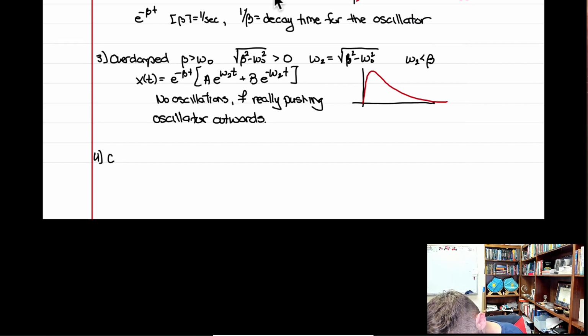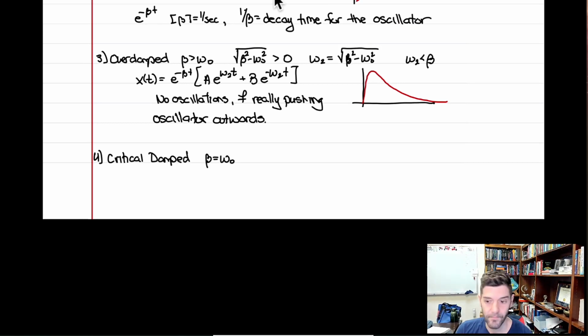The last case is the critical case. Something that's critically damped, where beta equals omega naught. In this case, both the auxiliary values are equal to negative beta, because it's plus or minus the square root of 0.